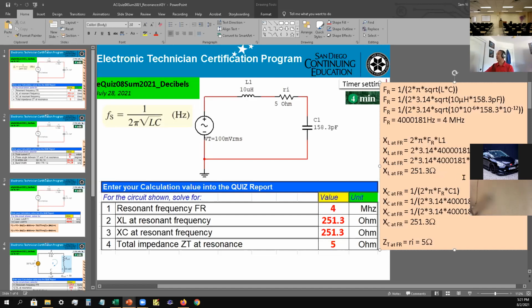Once we put that into the calculator and calculate, XL comes up to 251 ohms.